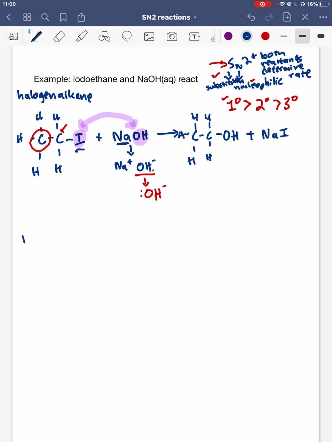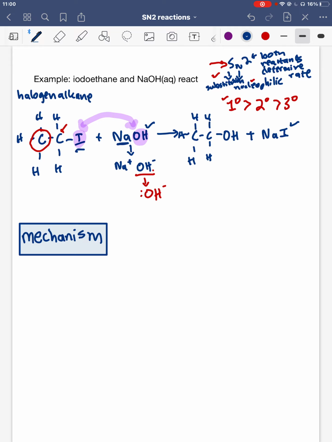All right, so how does this reaction actually take place? I see the reactants, I see what ends up, but how do we go from these reactants to these products? Well, that's why we need to take a look at the mechanism. So let's get into it.